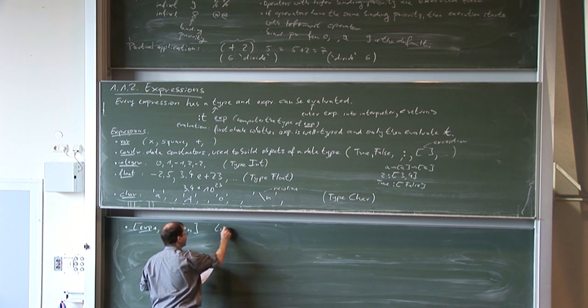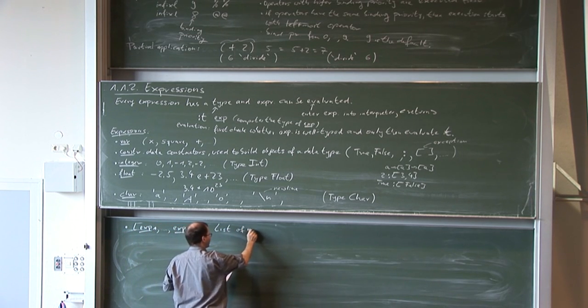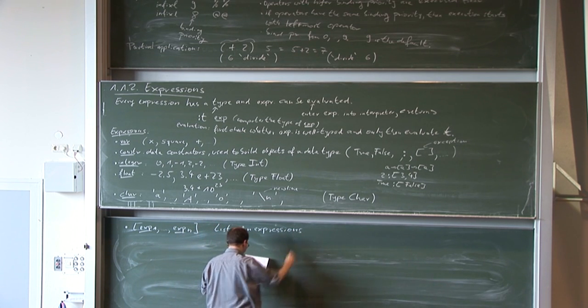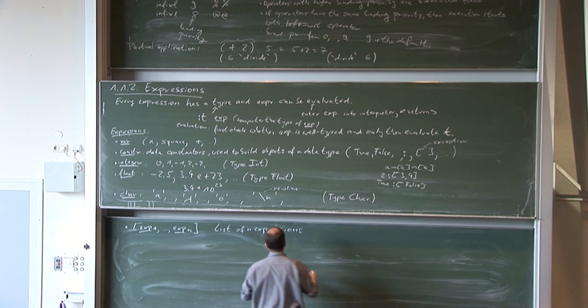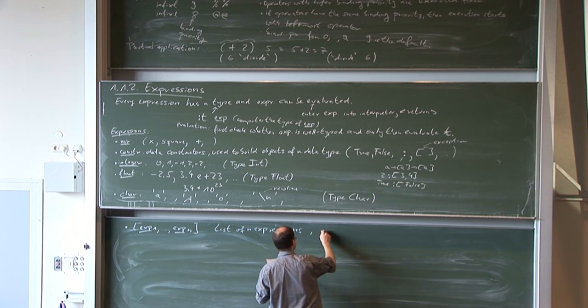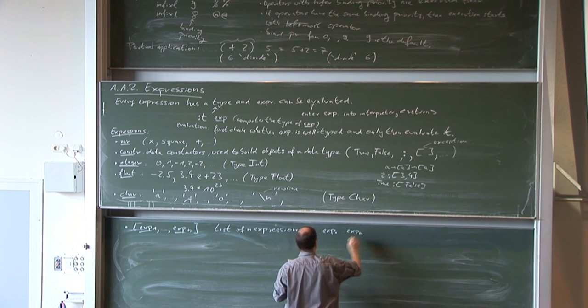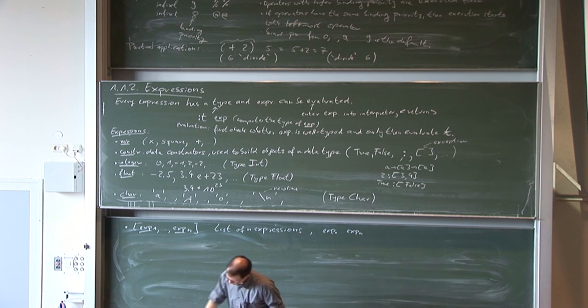So this means a list of n expressions. You can only write this if all these expressions have the same type.